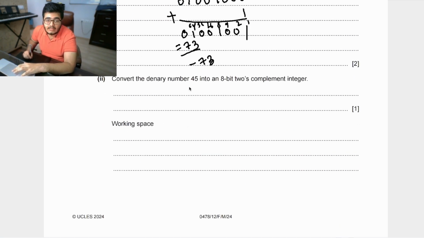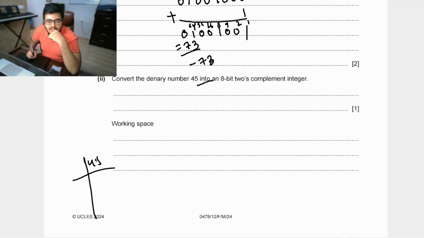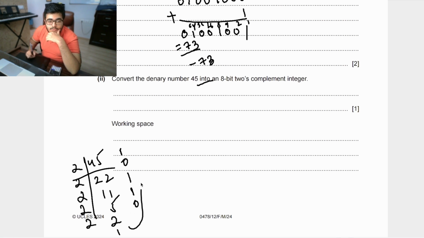Give the denary number 45 as an 8 bit 2's complement integer. So once you convert 45 to binary, let's convert 45 to binary. This is going to give us 0 0 1 0 1 1 0 1.